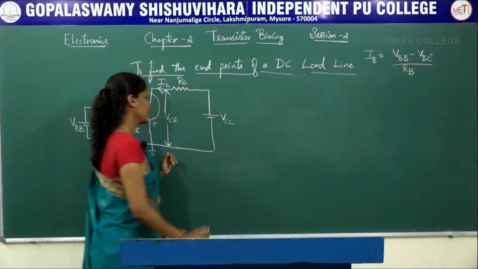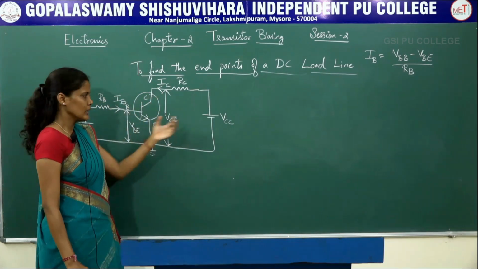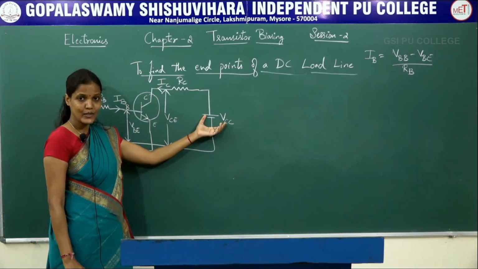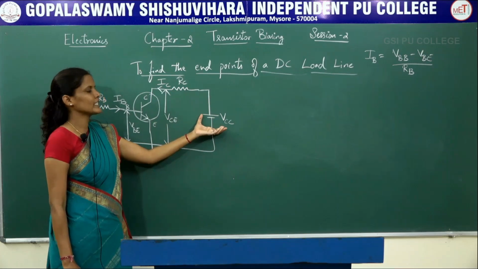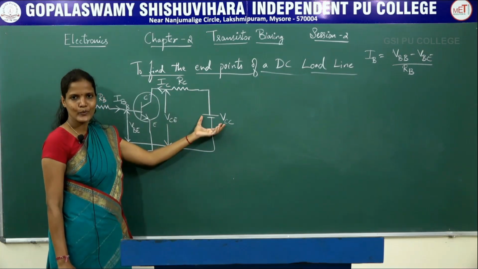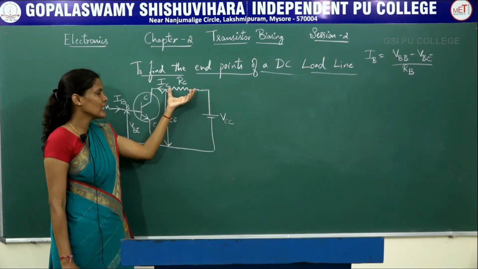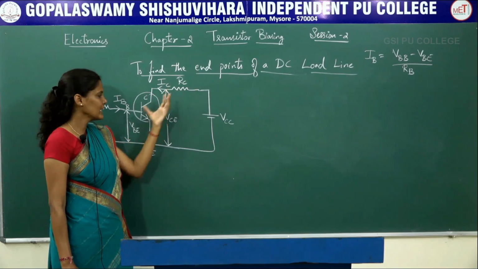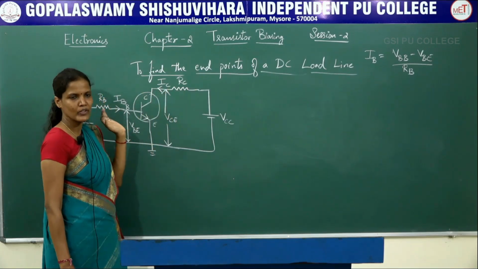Now let us apply the KVL for this particular loop. This is the voltage source, that is VCC. The voltage applied with the help of this VCC has to be distributed across RC and the collector to emitter junction.